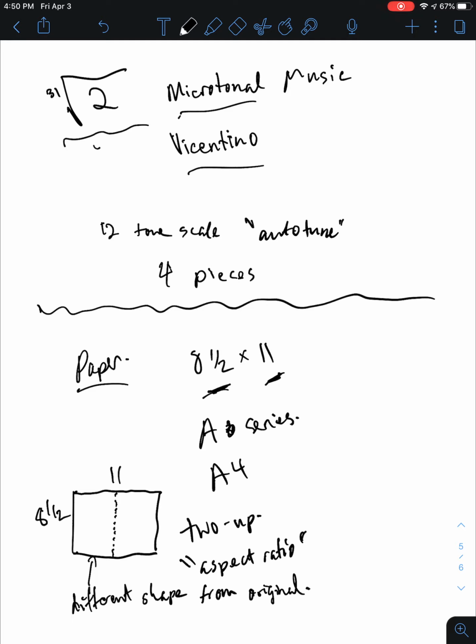And so that causes problems with margins. If I'm going to print something 2 up, I have to be very careful about the margins, because if I try to use too much of the paper, one margin will go over, and if I fit it inside, then I end up with bigger margins on one edge. So this is kind of unfortunate.